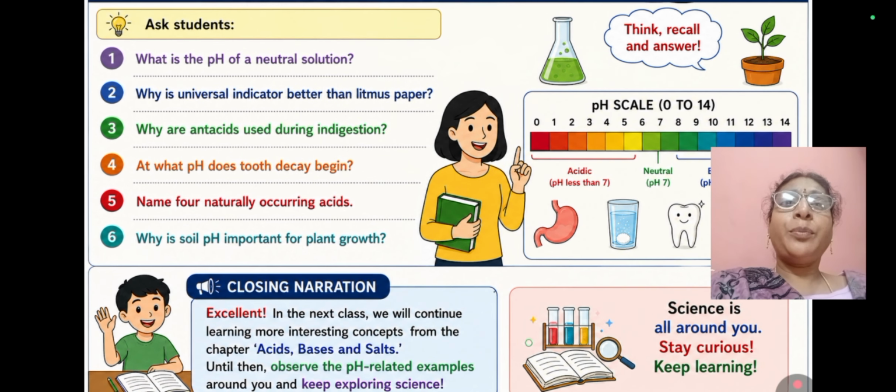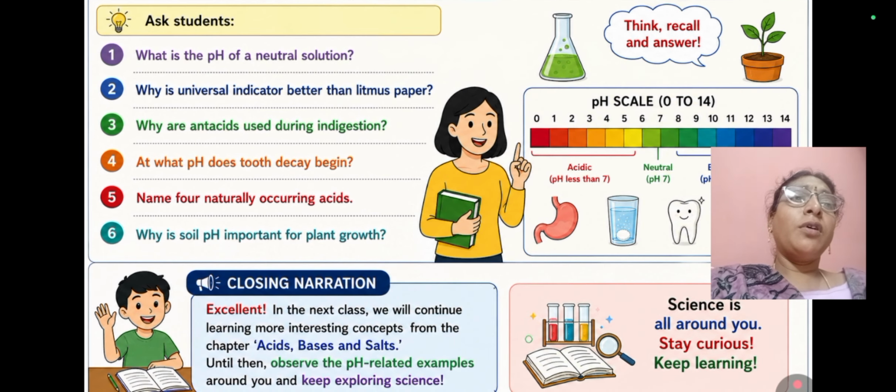What is the pH of a neutral solution? Why is universal indicator better than litmus paper? Why are antacids used during indigestion? At what pH does tooth decay begin? Name 4 naturally occurring acids. Why is soil pH important for plant growth? Use the table of pH.